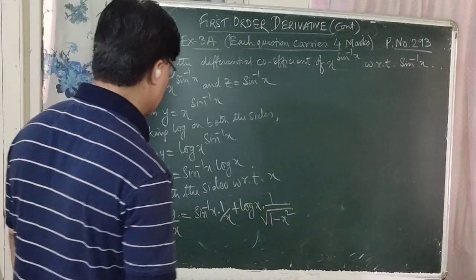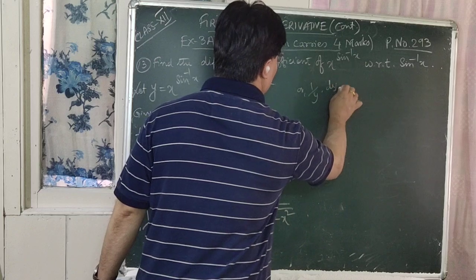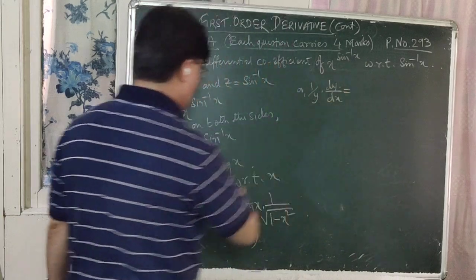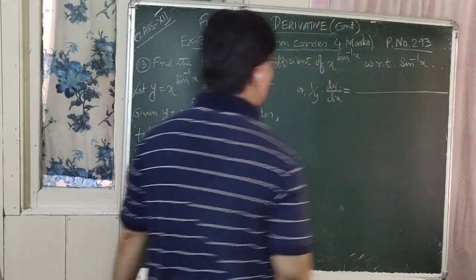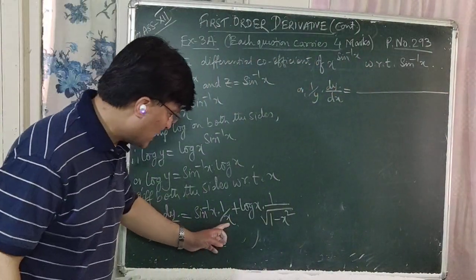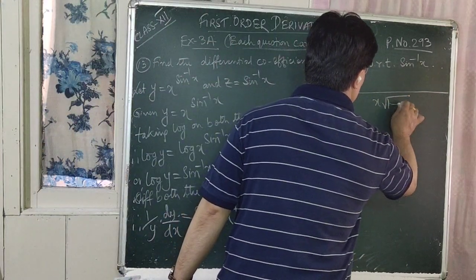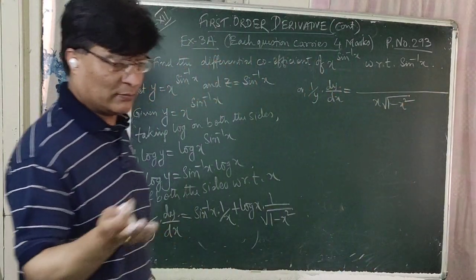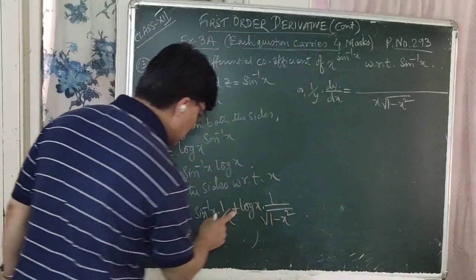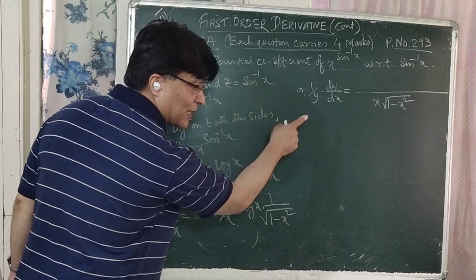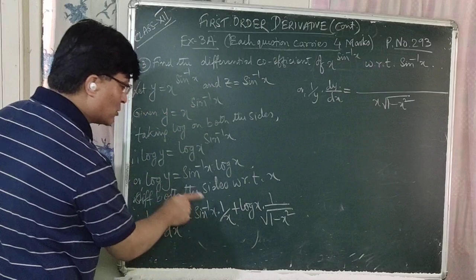Now let us simplify it. Or 1 upon y into dy by dx is equal to, now let's take the LCM on the right hand side. So what's the LCM on the right hand side? It is x root under 1 minus x square, right? You know that, how to get the LCM, isn't it? Now this LCM is divided by this denominator x. X gets cancelled. So now you should multiply that remaining term, that is root over 1 minus x square by sine inverse x.